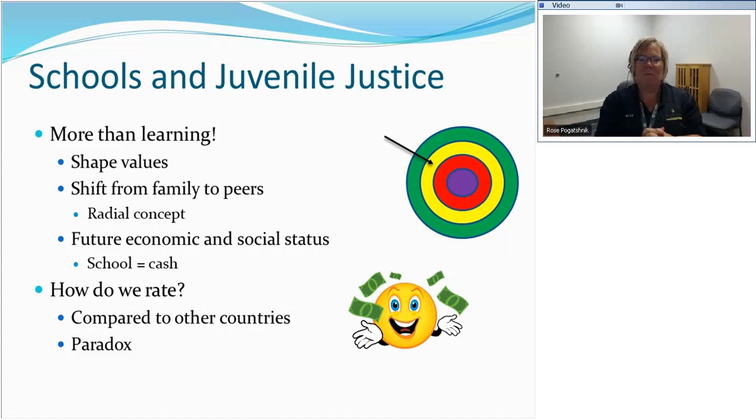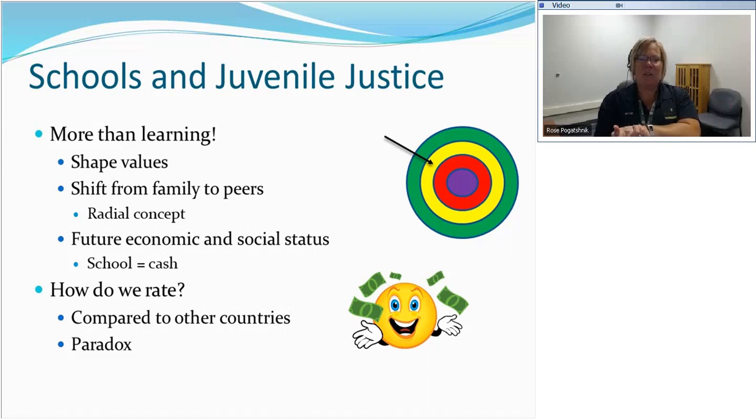Ultimately, research has demonstrated that your future economic and social status is going to be based on how well you do and how successful you are in school. Basically, your success in school is positively correlated to your future cash flow coming in.